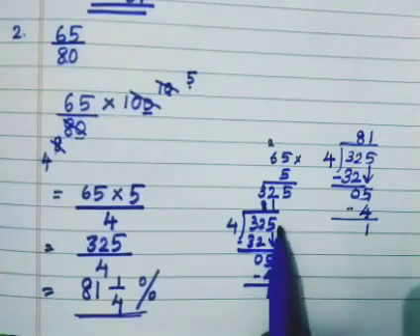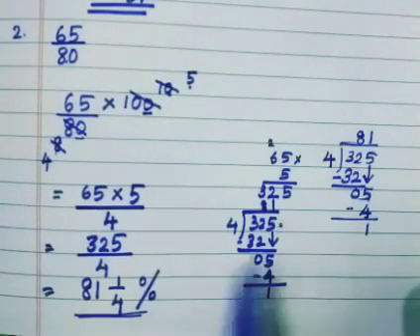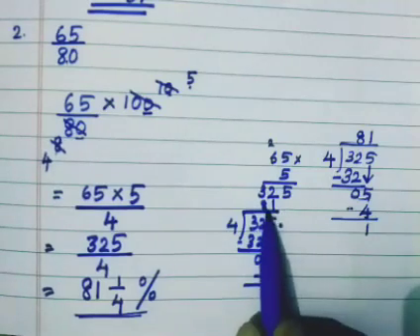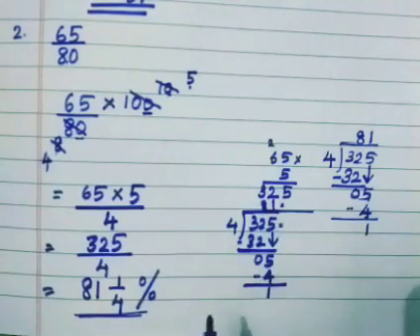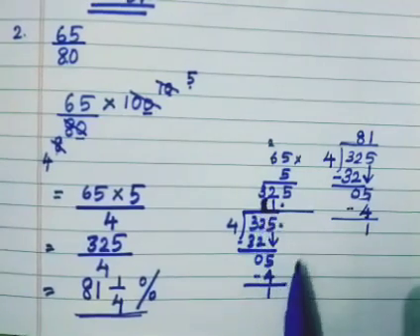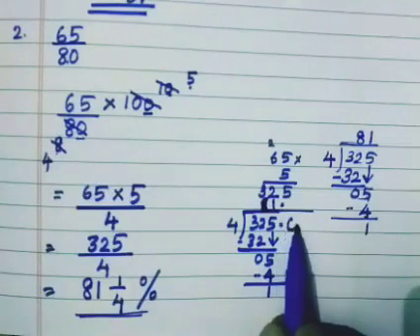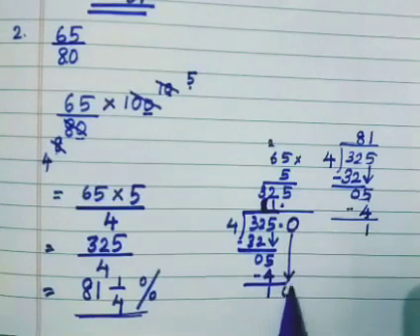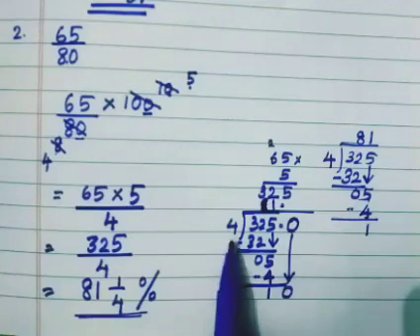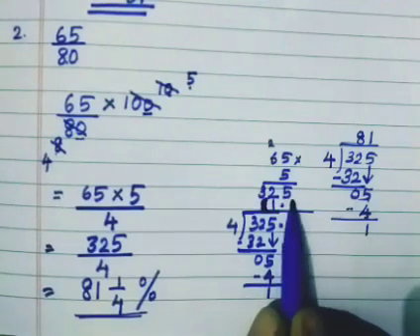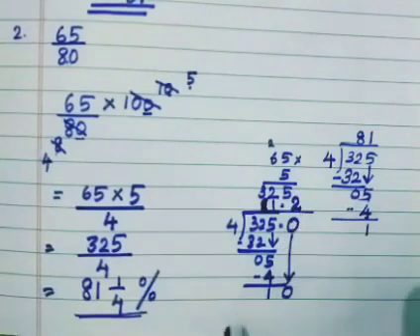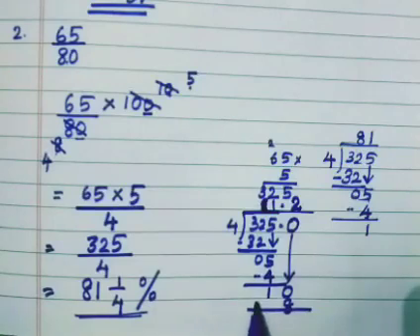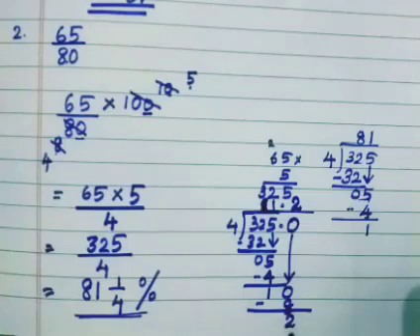Now you can continue the division by putting a decimal point after 5. In the quotient place also you can put a decimal point. Then write 0 after that point. Then bring down that 0. Now the number is 10. Check how many times 4 goes in 10. 4 2s are 8. So it goes 2 times in 10. So after doing subtraction you will get the remainder 2. 10 minus 8 is 2.